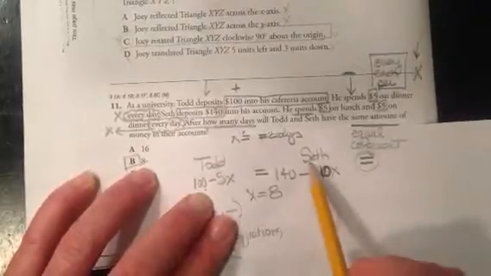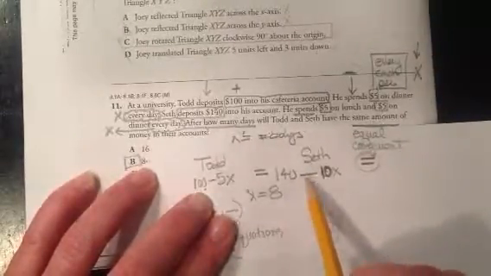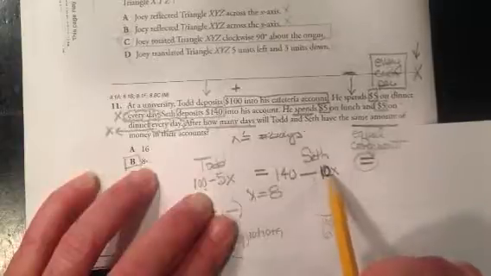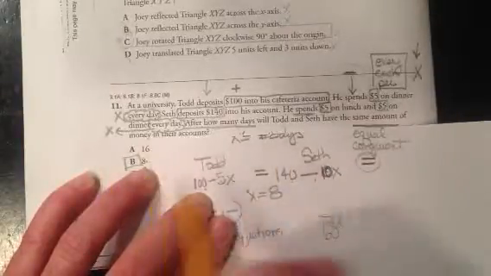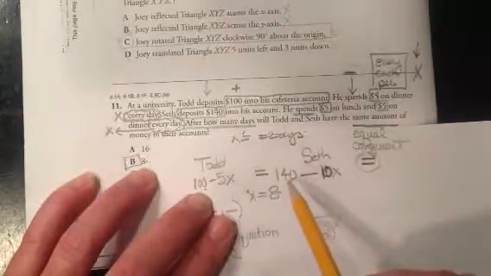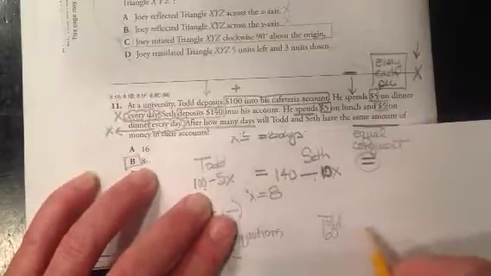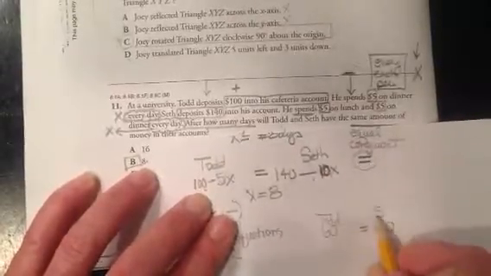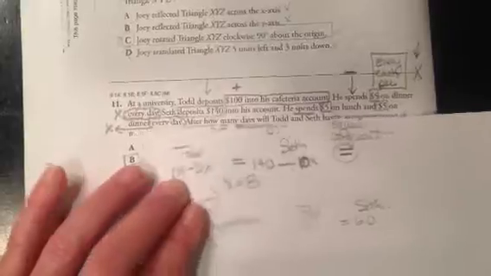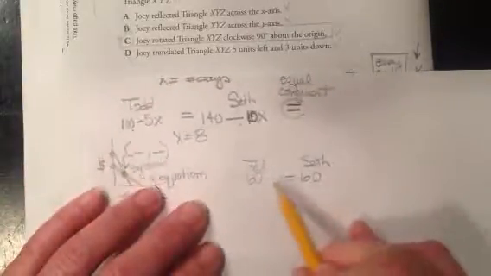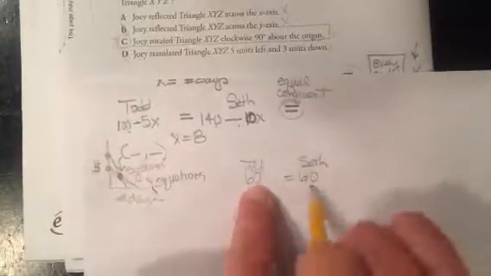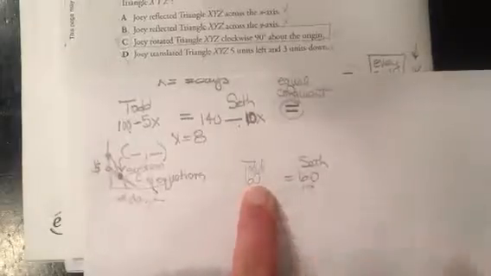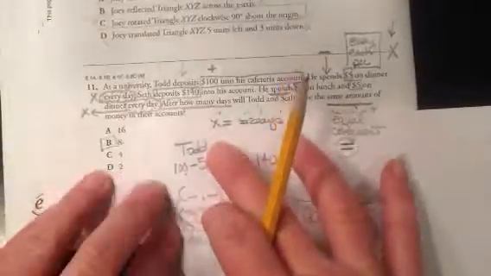Okay, Seth had 140, and he subtracted 10 times 8 is 80. 140 minus 80 is what? It's 60. So using those two expressions, I was able to justify the answer that came out of my, I apologize for this, when I solve for x.